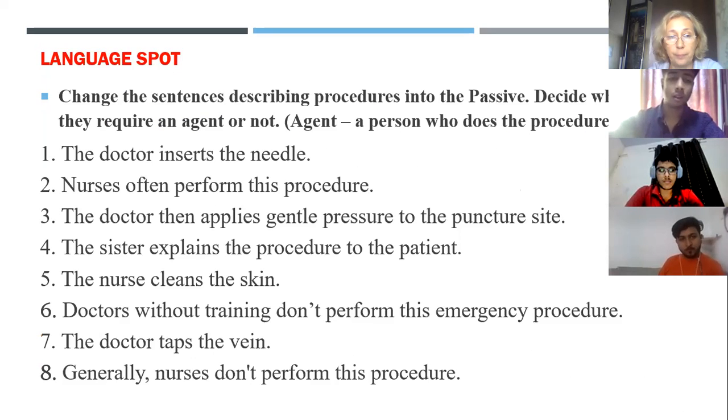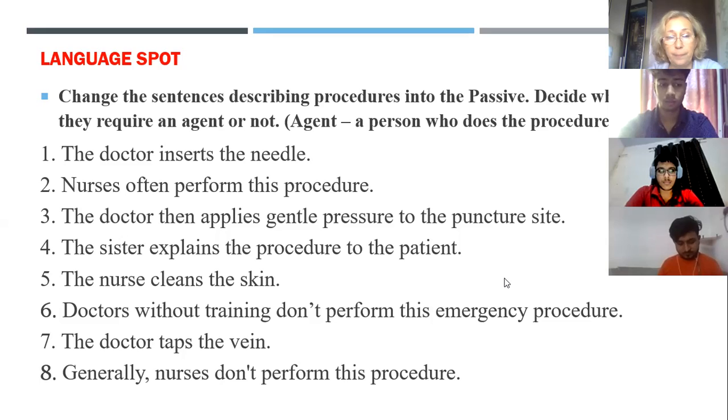So it is: this procedure is often performed by nurses. Here by nurses is very important to use because this is what the sentence is about.